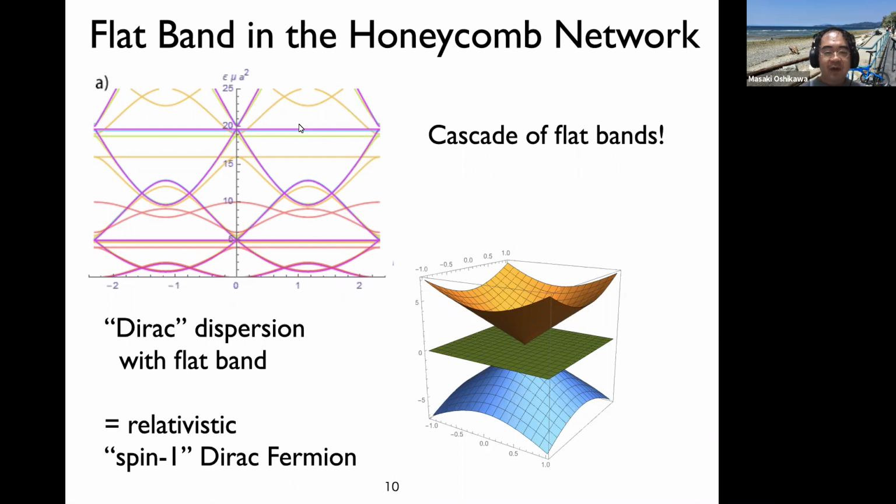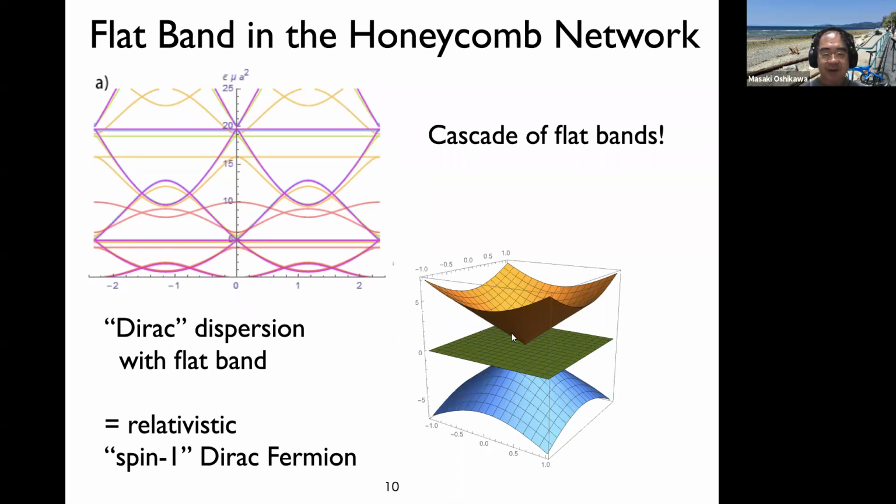And then what we find for the free electron system is a lot of bands, in particular cascades of flat bands, so an infinite number of flat bands. We also see a Dirac type dispersion relation, but it intersects with the flat bands.